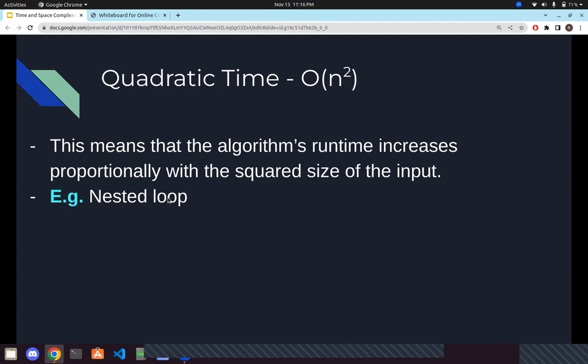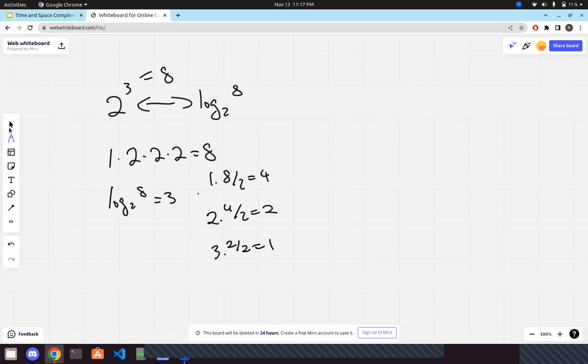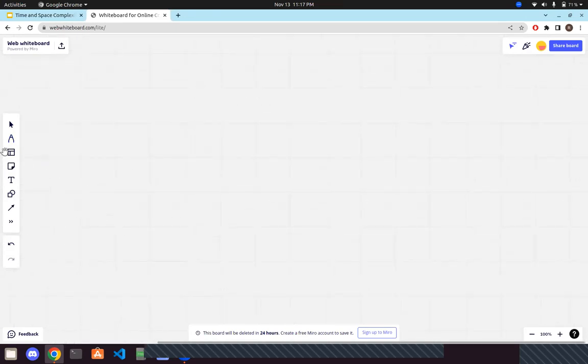So now for quadratic time, this means that the algorithm's runtime increases proportionally with the squared size of the input. And one example of this is a nested loop. Let me do an example. So suppose that we have this array, and we're gonna have a nested for loop.